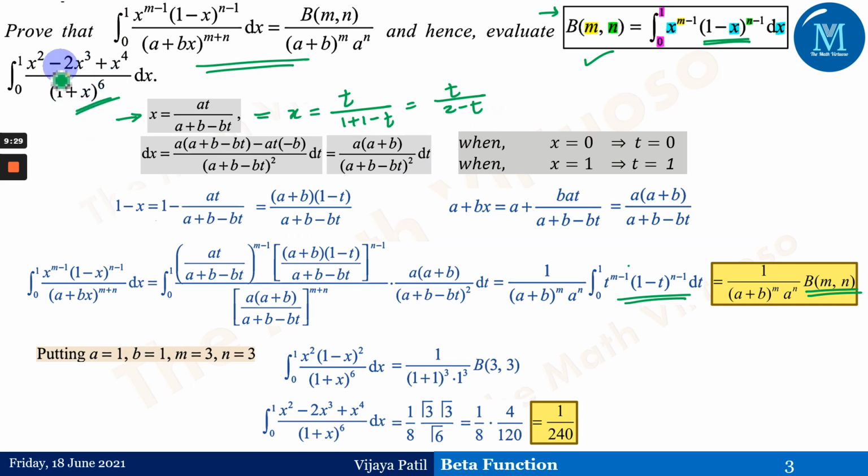That way, without using this particular identity, you can directly solve this type of example using the substitution x equals t upon 2 plus t, because a equals 1, b equals 1.